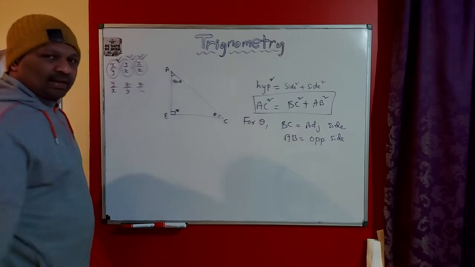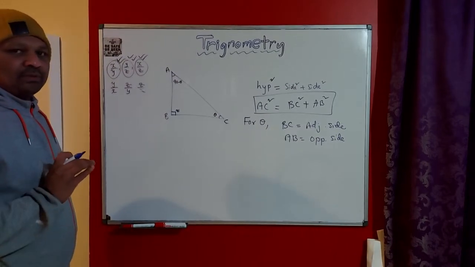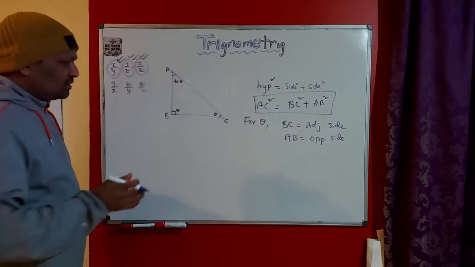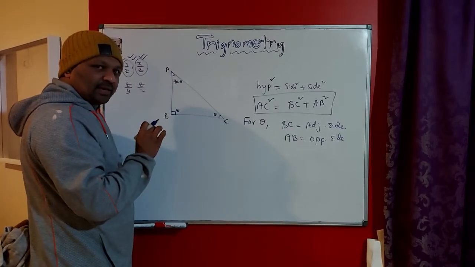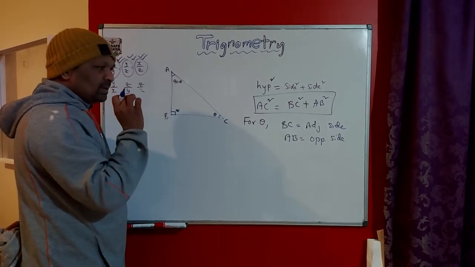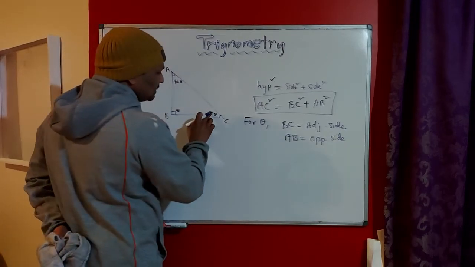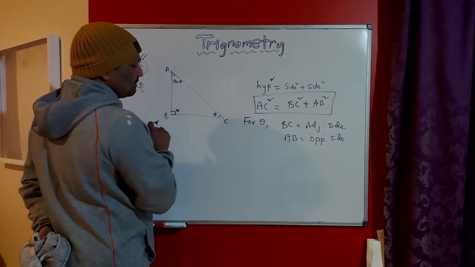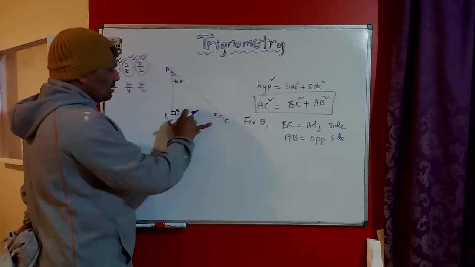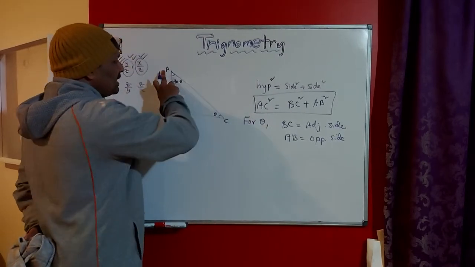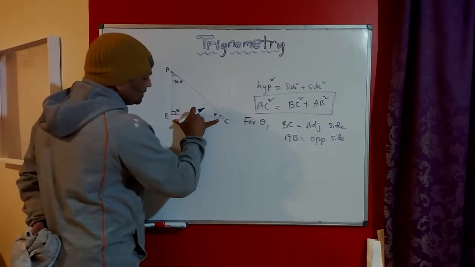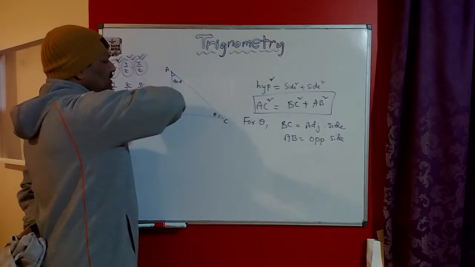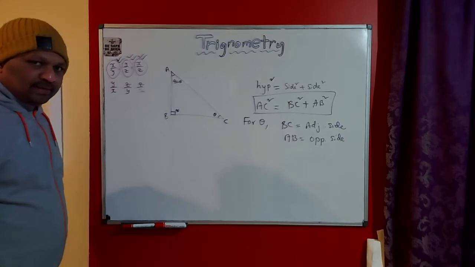Adjacent and opposite sides are only applicable for angles other than 90 degrees. When you consider theta, BC is adjacent and AB is opposite. When you consider 90 minus theta, BC is opposite and AB is adjacent.